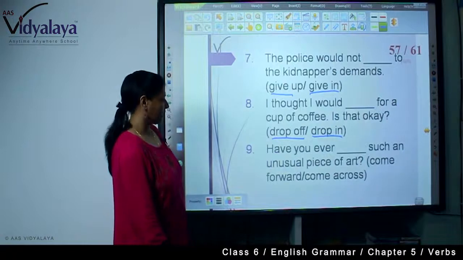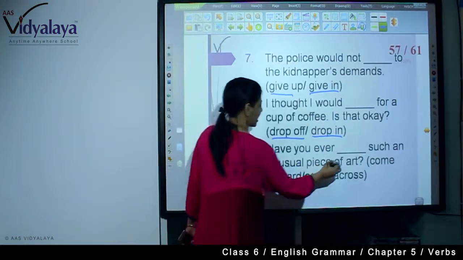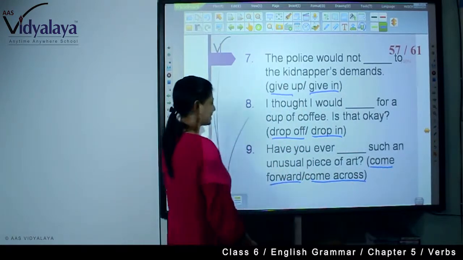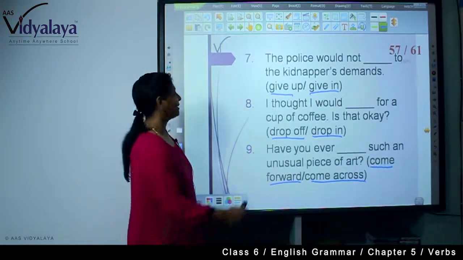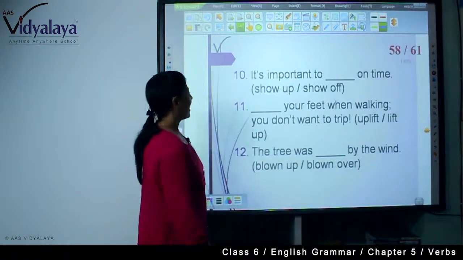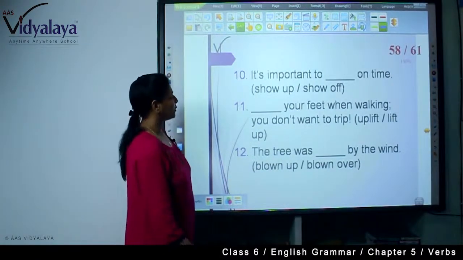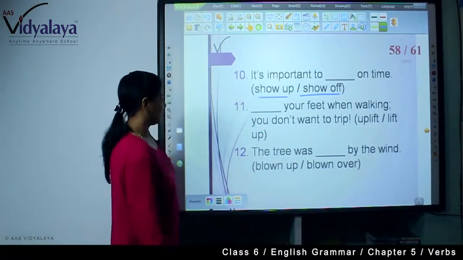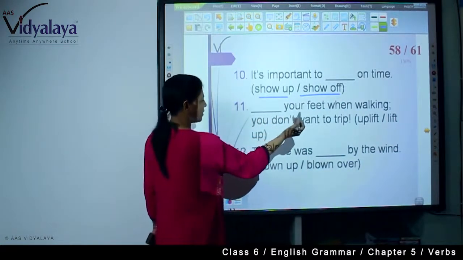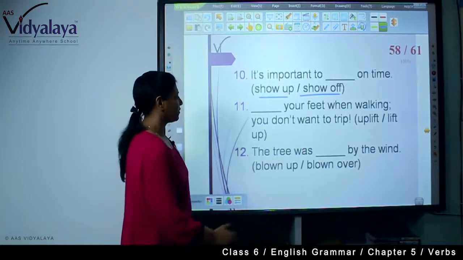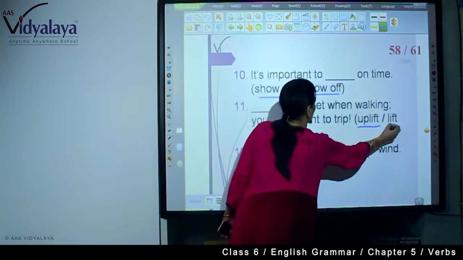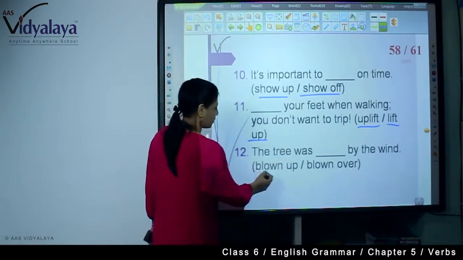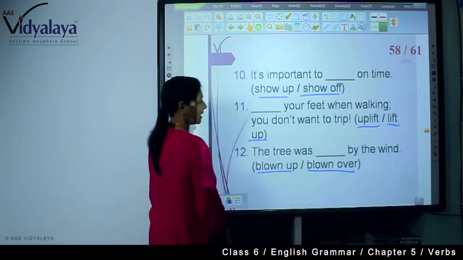Is that okay? Have you ever come forward or come across such an unusual piece of art? It's important to show up or show off on time. Then uplift or lift up your feet when walking. You don't want to trip. The tree was blown up or blown over by the wind.